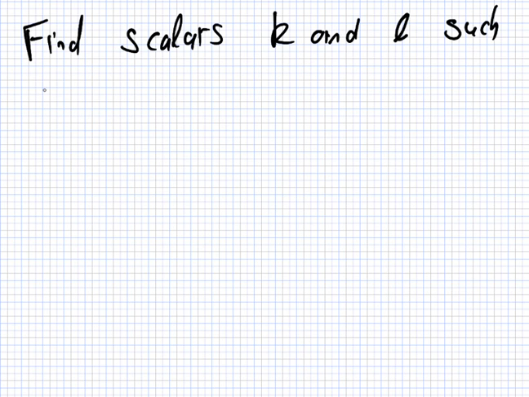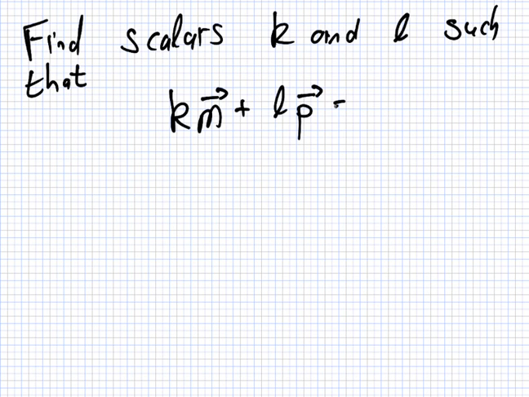Find scalars K and L such that Km, M is a vector, plus LP, P is a vector, is 2i minus 11j.